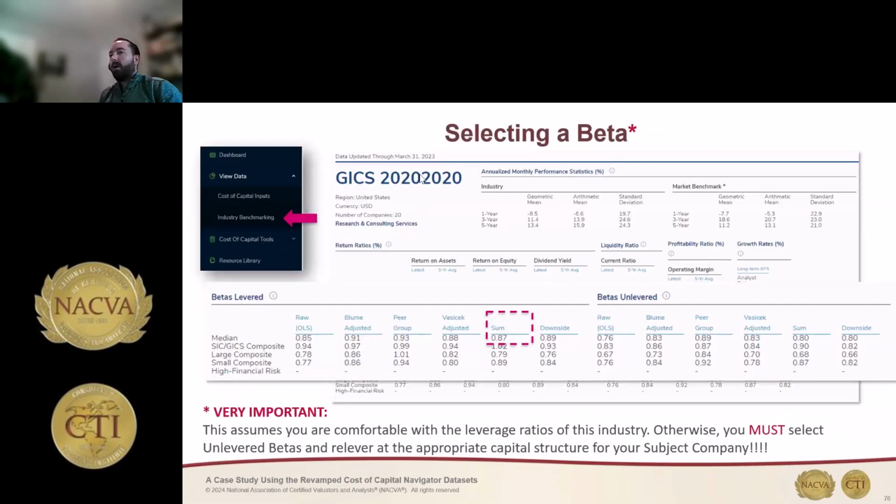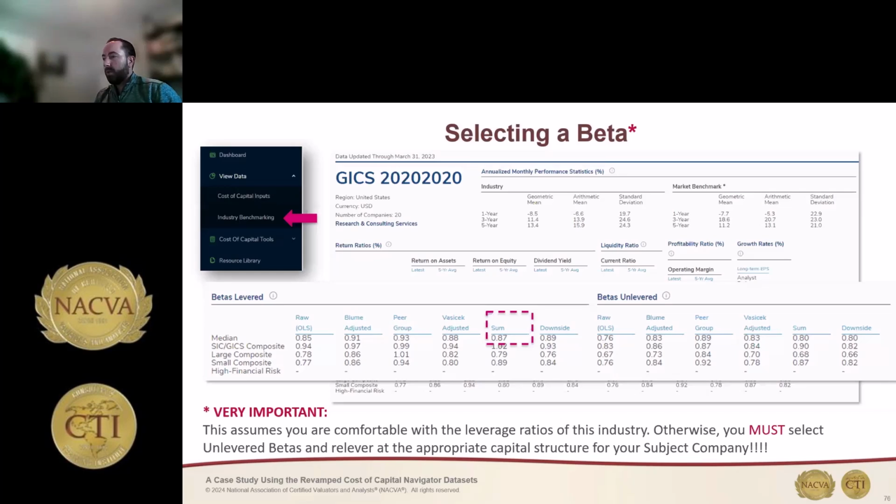And then one final remark here is when we're selecting our industry betas, these off-the-shelf betas based off the companies we've selected, there is a capital structure tied to these betas. When you utilize this, you must select if the capital structure of the industry is different than your subject company.